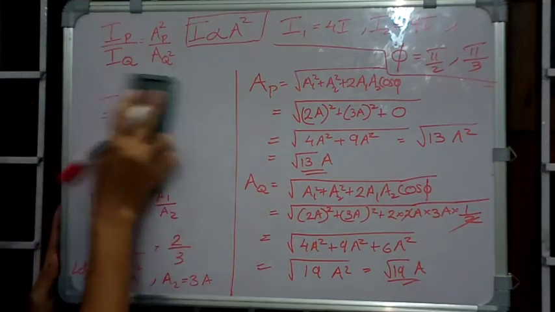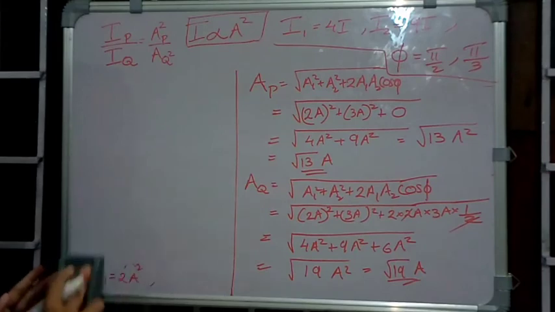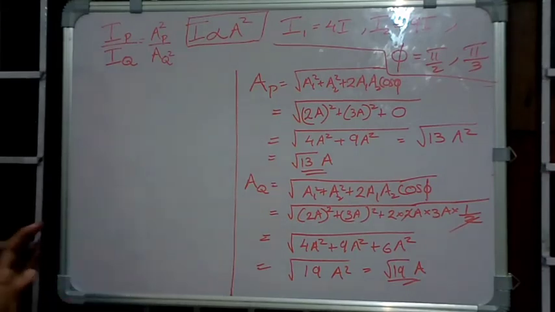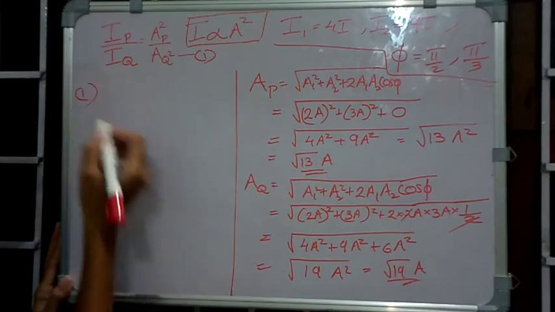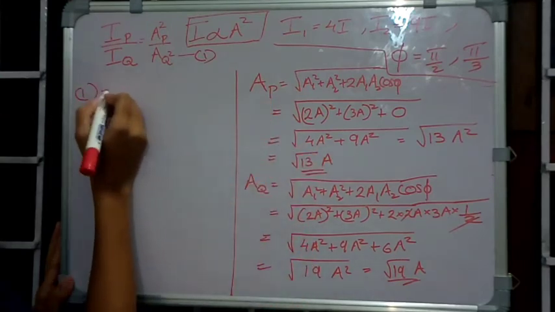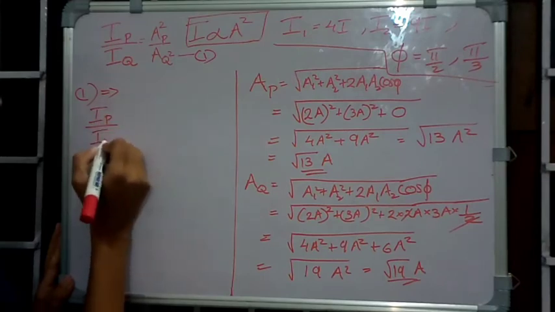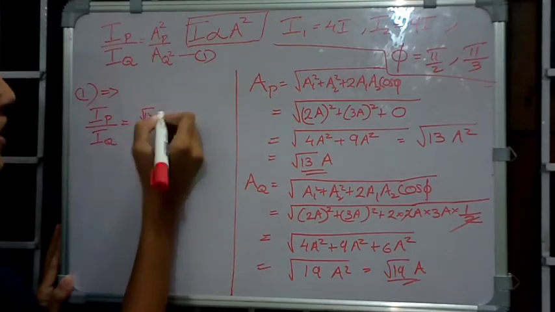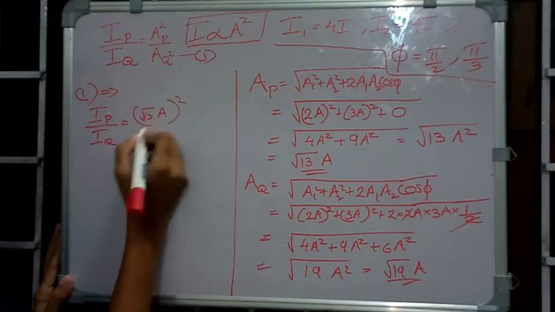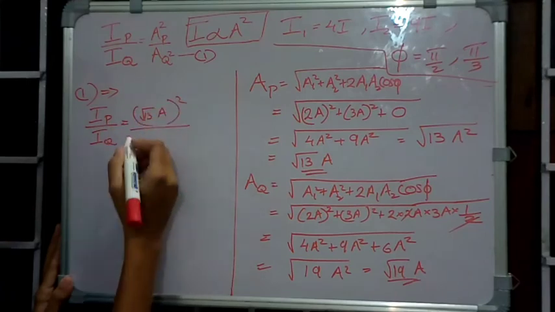Now we can substitute it into this equation to find the ratio of IP and IQ. So let it be equation 1. On substituting the values of AP and AQ into equation 1, we get IP by IQ equal to AP value, root 13A, whole square. This is AP square, so I'm taking the whole square.